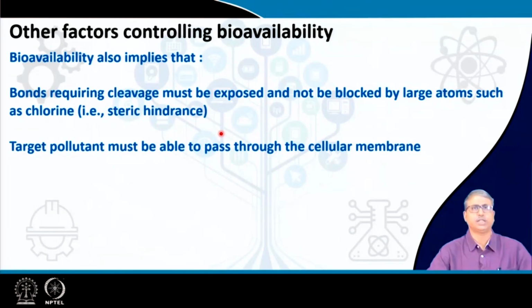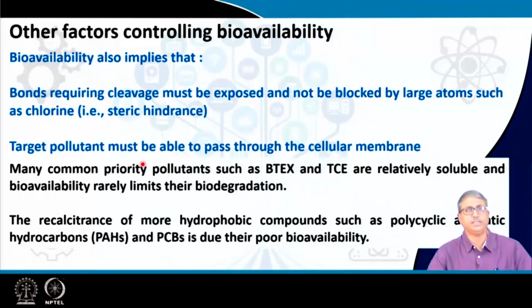The organic molecule structure must be exposed and not blocked by large atoms such as chlorine, so that the major bonds which are the target region for the enzymatic catalytic reaction should not be under some kind of steric hindrance. And another one is that the target pollutant molecule must be able to pass through the cellular membrane quite easily.